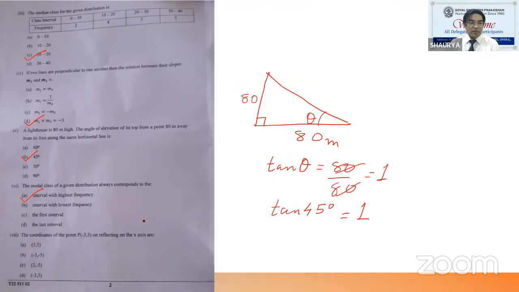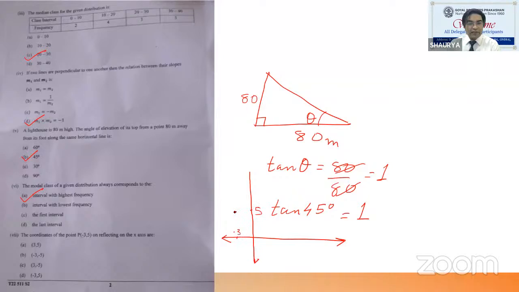Coming to the next question, the coordinates of the point P, that is -3, 5, on reflecting on the x-axis, right? So let's say I have this as my x-axis and this as my y-axis. Let's say this point is -3 and let's say this is 5.